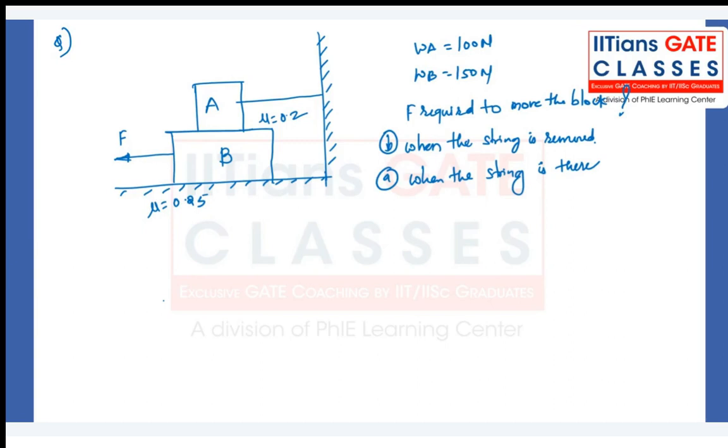So situation B, when the string is removed, it is 62.5. Correct.